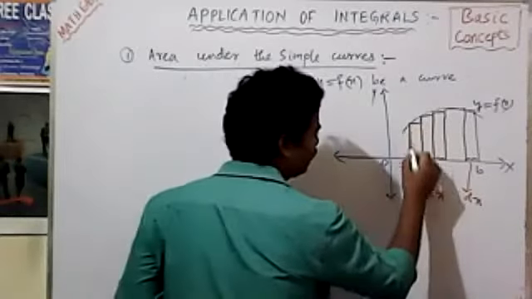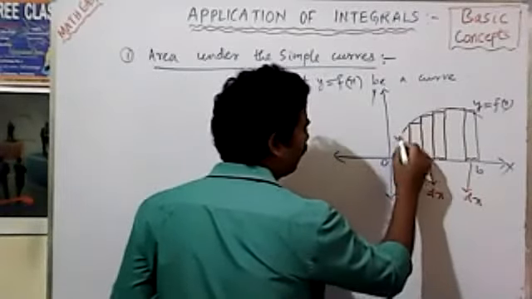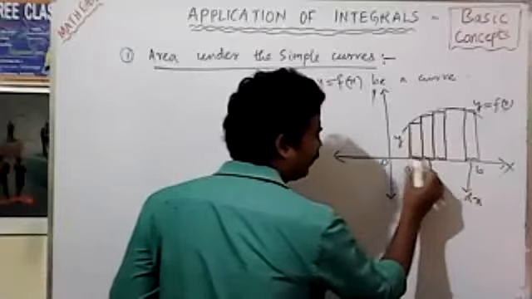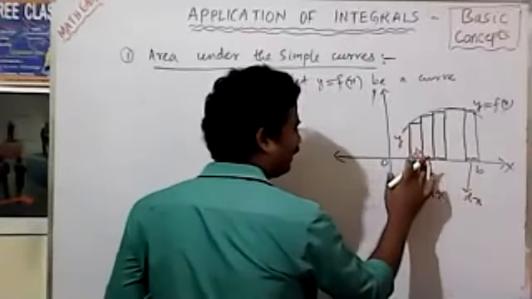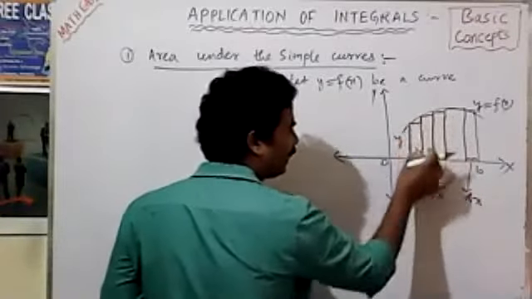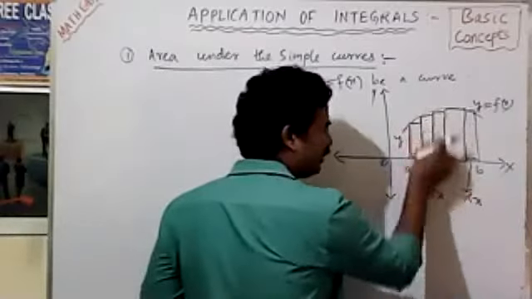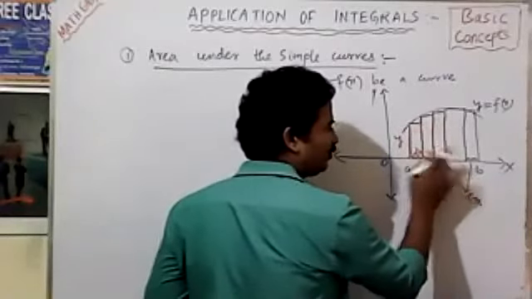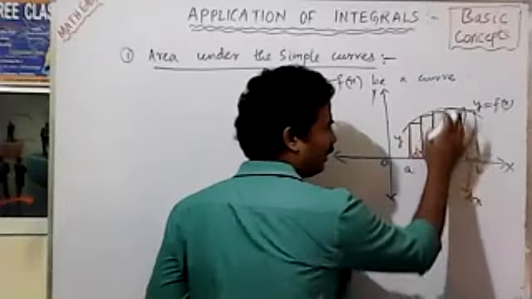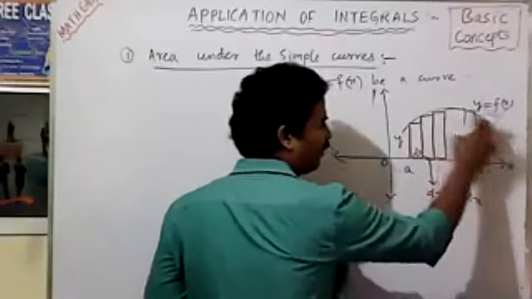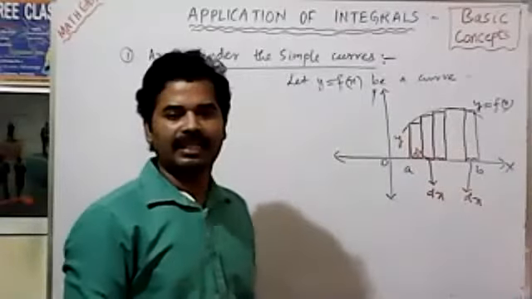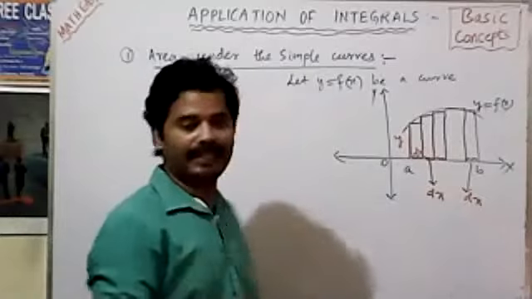Here this length is equal to y, and this is equal to dx. So dx into y is the rectangle area. In the same way, this is also a rectangle area: length into breadth, length into breadth, length into breadth. After summation of these areas, it is converted to the total area.